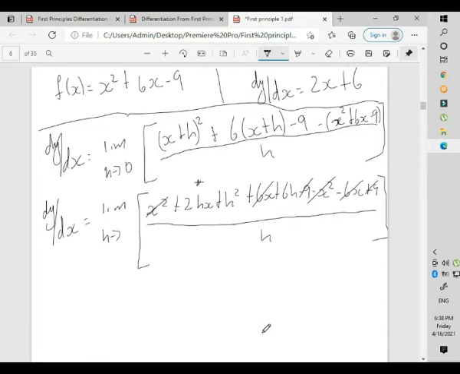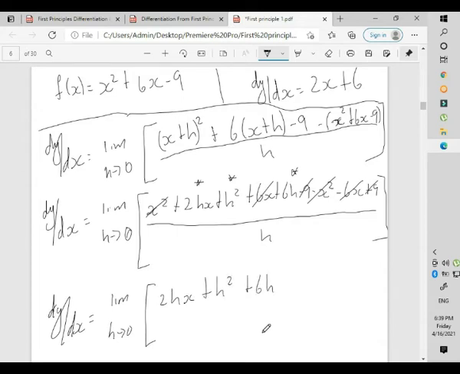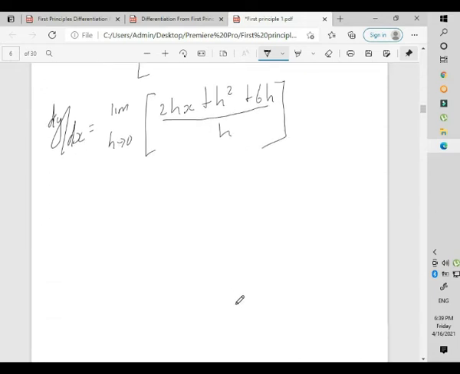So my dy over dx is equal to the limit as h tends to 0 of 2hx plus h squared plus 6h, and this is all being divided by h. So dy upon dx, limit as h tends to 0.